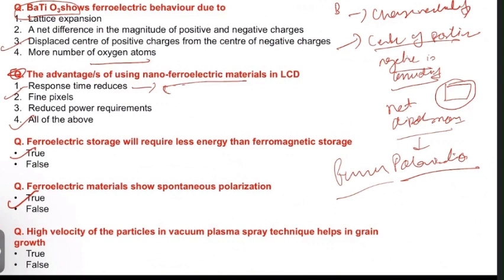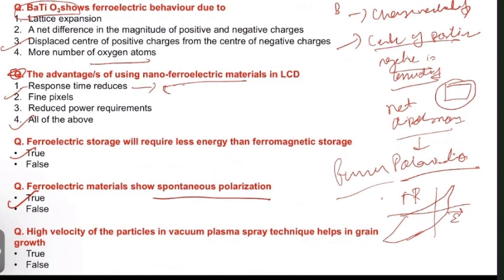I agree with you, but in the presence of electric field, the polarization increases. If you see this plot, E versus P. Okay, that is what is meant. It is an incomplete question, but this is the meaning.